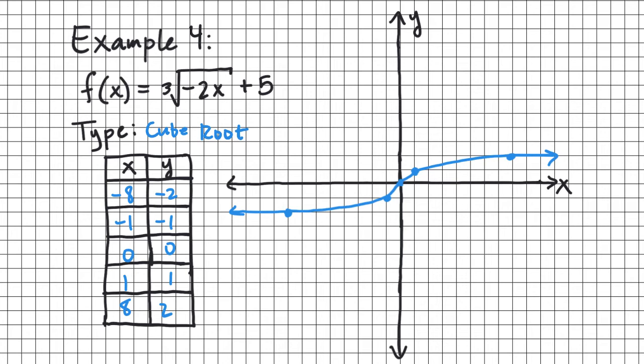All right, and so here we have horizontal dilation, and then we have this +5 which is a vertical translation. Up 5. Okay. So let's do the horizontal dilation first.